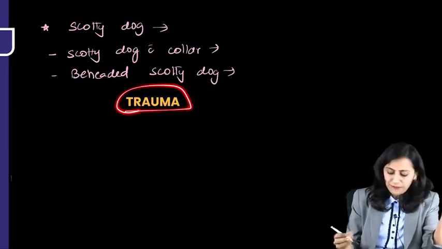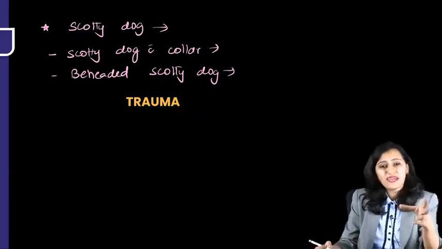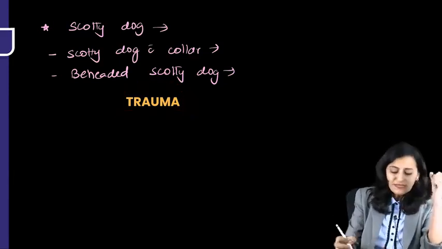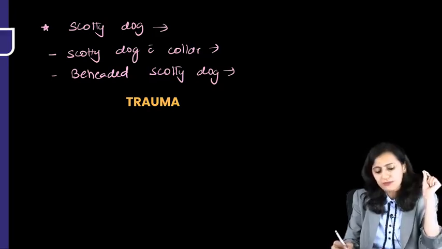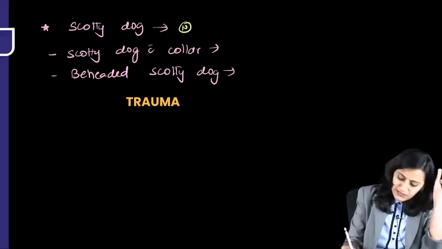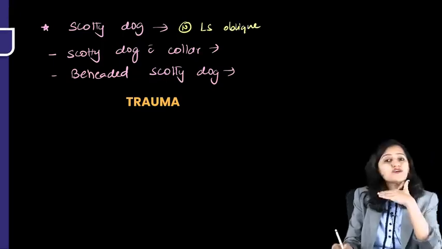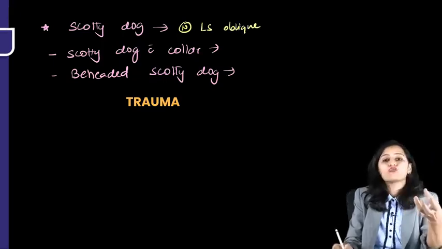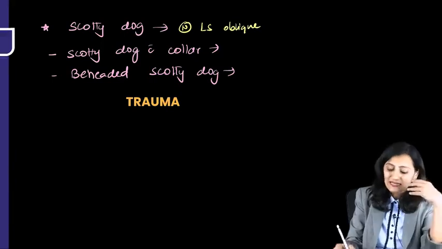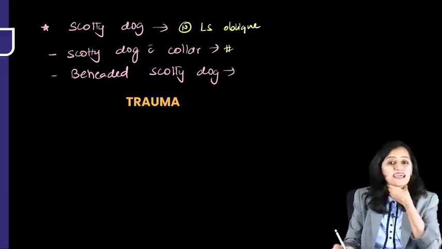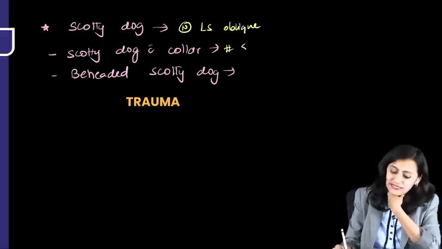Now coming to trauma. And talking about the various Scotty dog appearance. So where do you see the Scotty dog appearance? Scotty dog appearance is seen in normal lumbar spine X-ray oblique view. Scotty dog with a collar is what is abnormal. The collar tells me that there is a fracture in the neck of the dog, and that's why we have put a collar. So that is fracture.